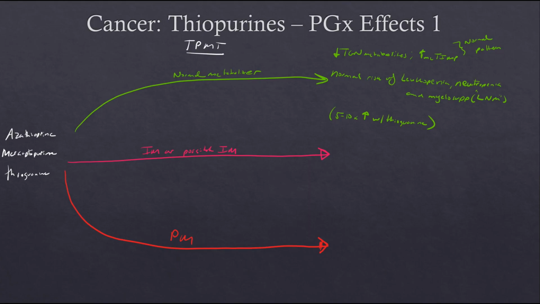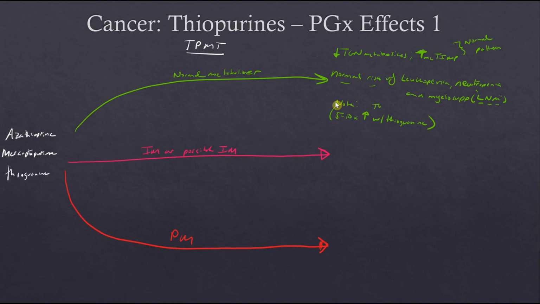And with that, you have a normal risk of leukopenia, neutropenia, and myelosuppression, or what I'm going to shorthand from now on, LNM. But of note, there's actually a 5 to 10 times increase of the TGN metabolites with thioguanine as compared to the other two drugs. So that's just a note that they have in the guidelines.